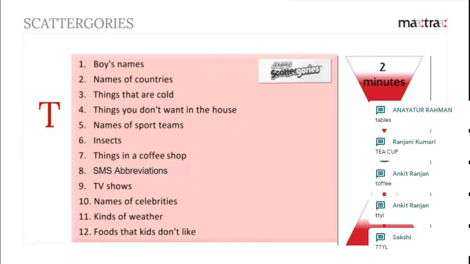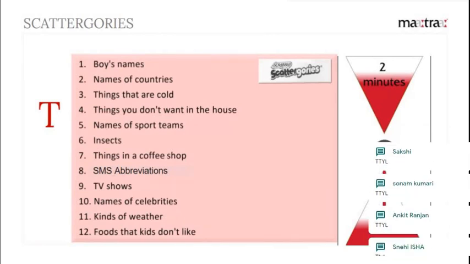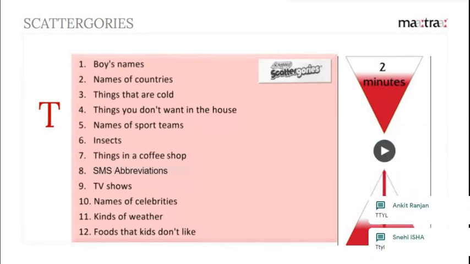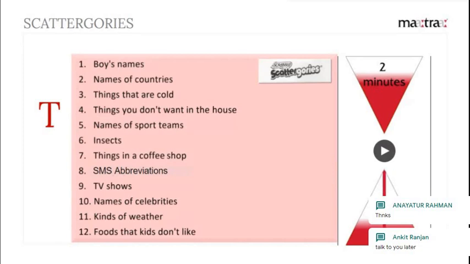SMS abbreviations. TTYL. अरे पूरा ऐसे हाइफन डाल के पूरा भी तो लिखो. मैं बुड्ढा हूँ. I don't know all these full forms. TKS. I think it's thanks. TC, take care. Talk to you later. Ankit Ranjan, also talk to you later. All right, I'll talk to you also later, Ankit.